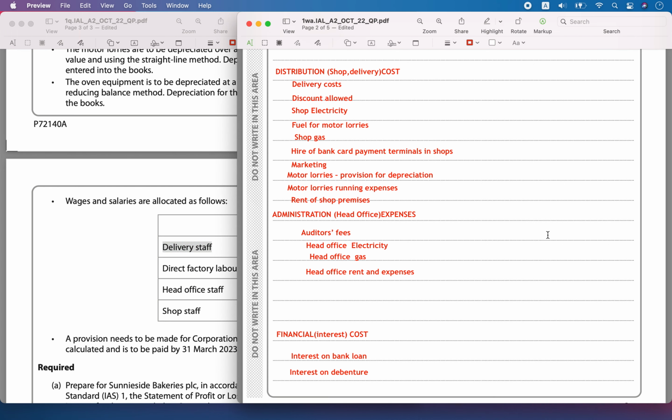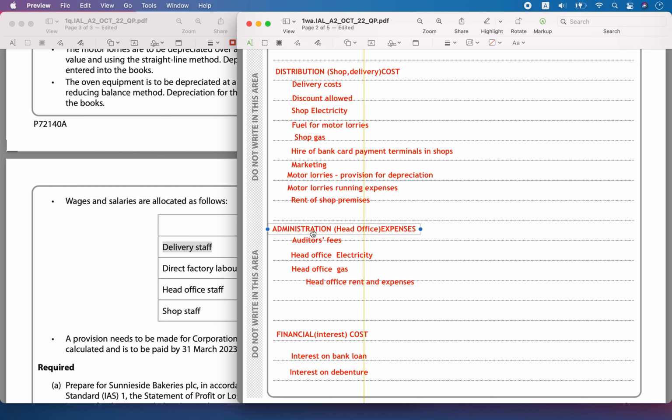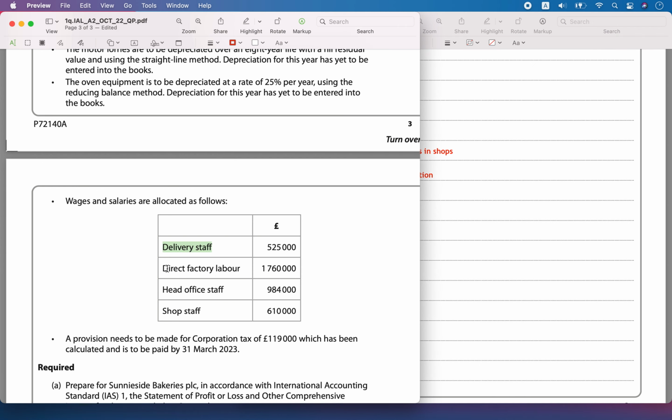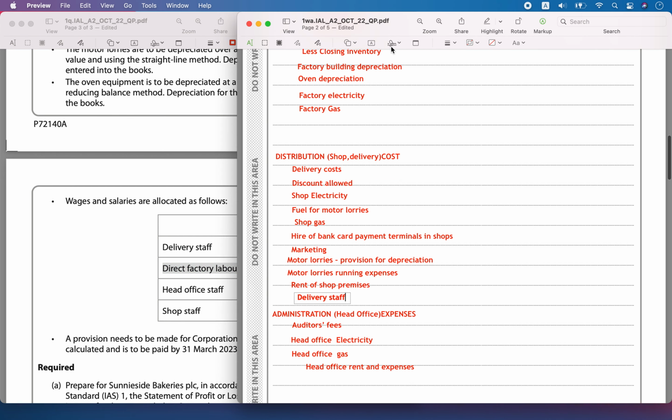First one is a delivery staff wage, which is going to come under the distribution cost. So let's put it here, delivery staff wage. Then you have direct factory labor, that's going to come under the cost of sales.